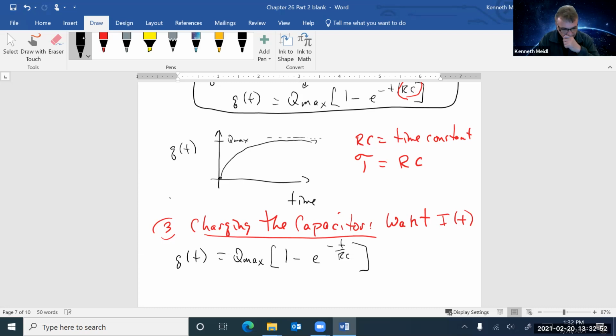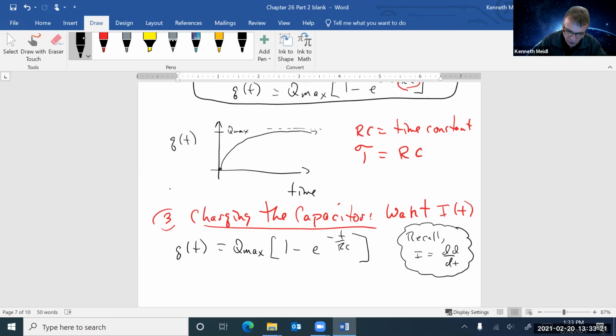That looks like that. And I think what I'm going to do here is remember that charge and current are very closely connected, that I equals dQ/dt. So if I take the derivative of both sides with respect to time, that should be the current.